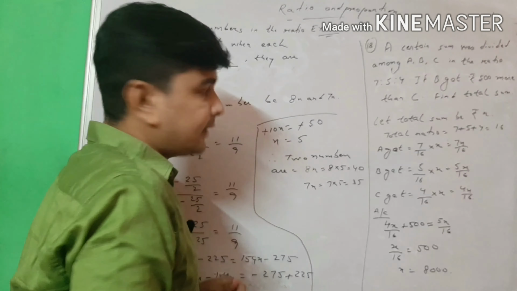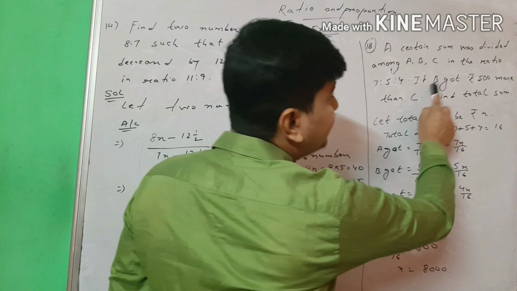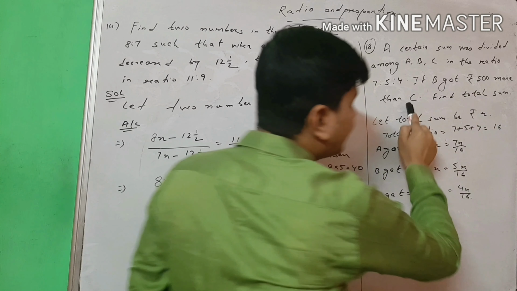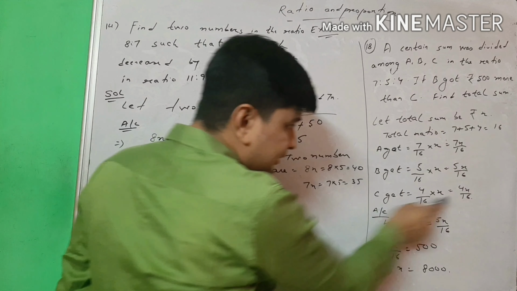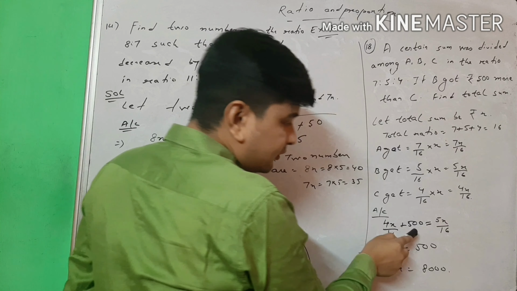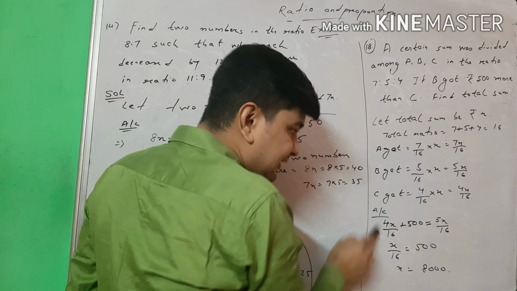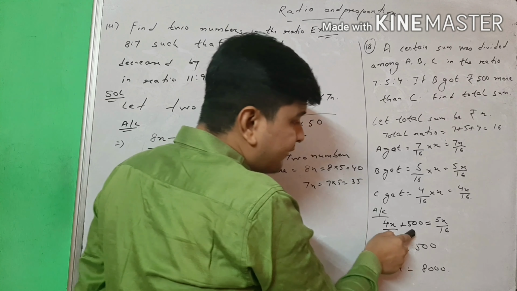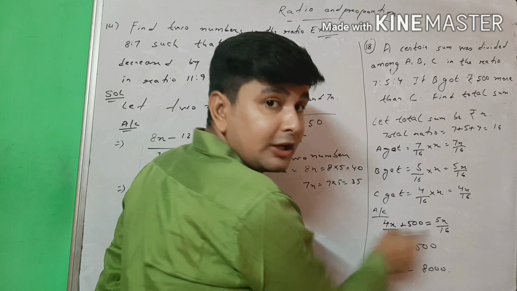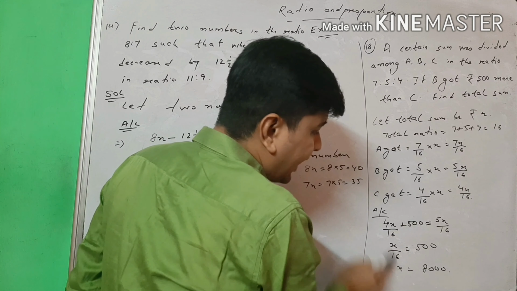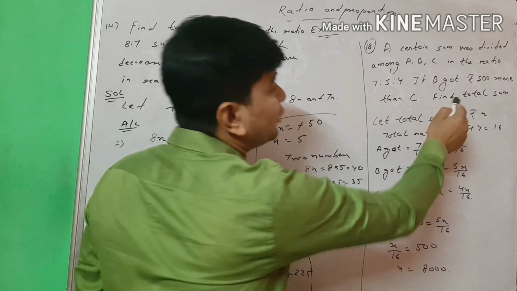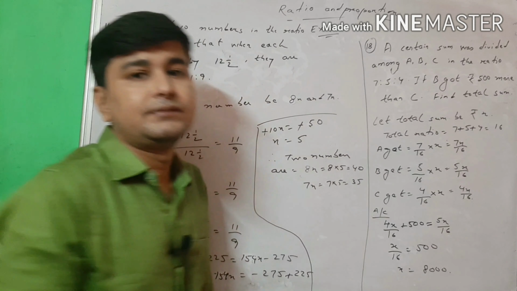Clear? Read the question again. If B got 500 more than C, that means after adding 500 to C's 4x/16, B and C get an equal amount. Clear? So our x is 8,000. That means the total sum is rupees 8,000.